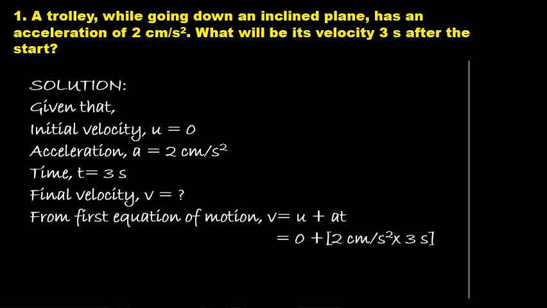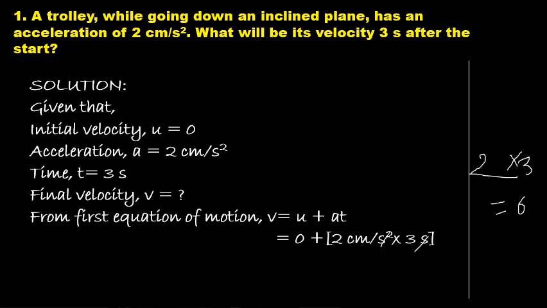Now we know that 2 into 3 is obviously 6, so the numerical value of the product will be 6. And then for units, centimeter upon second square, when it is multiplied by second, 1 second gets cancelled here.